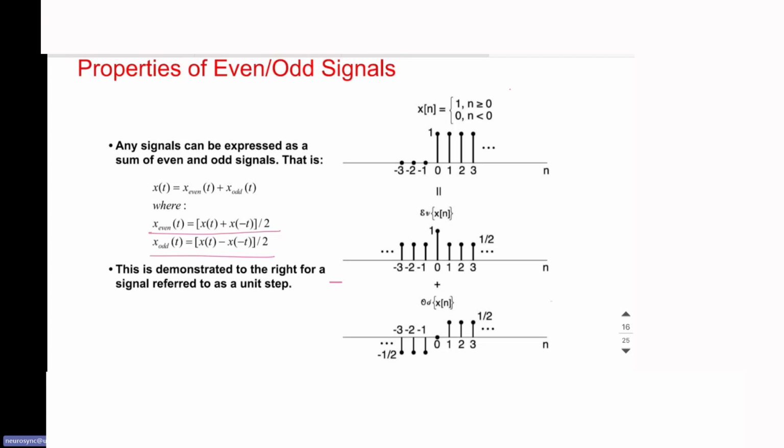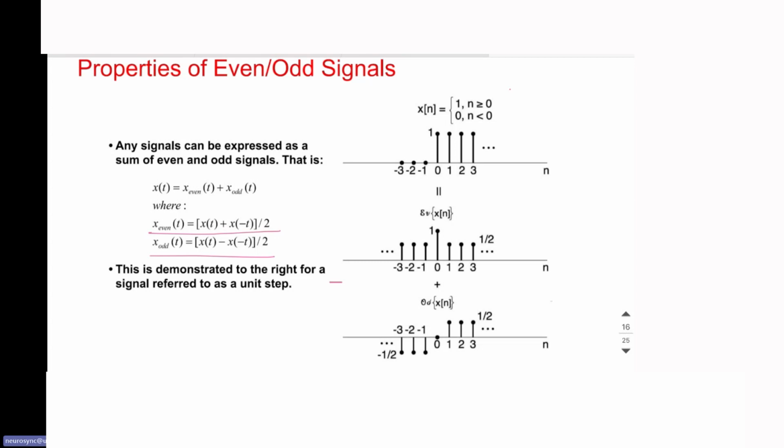Now how do we get x of minus t? If I have x of t, then how to get x of minus t? You just need to take the time as negative. So x of t, x of minus t, we can express in terms of even and odd signal.